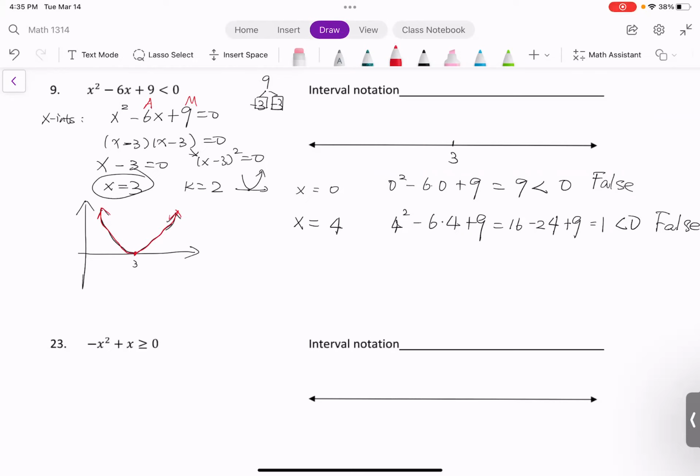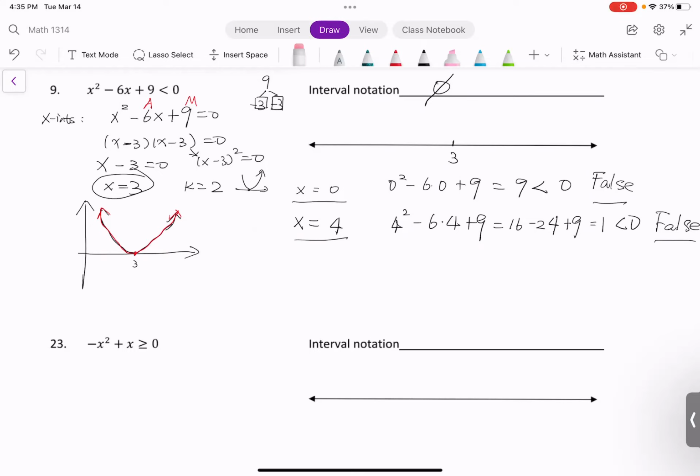That means if I want this polynomial less than 0, there is no x that can satisfy this condition. That's the empty set. There's no x value satisfying this condition, because we also tried these two points on either side of the key number 3, and both of them failed. That means it's the empty set.